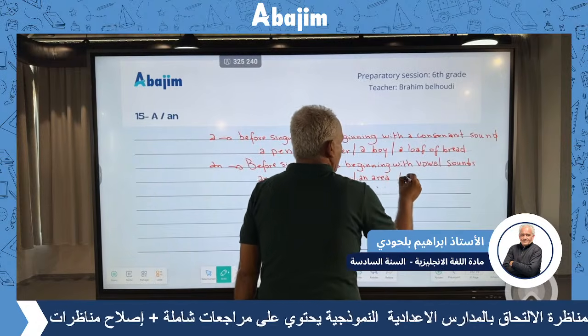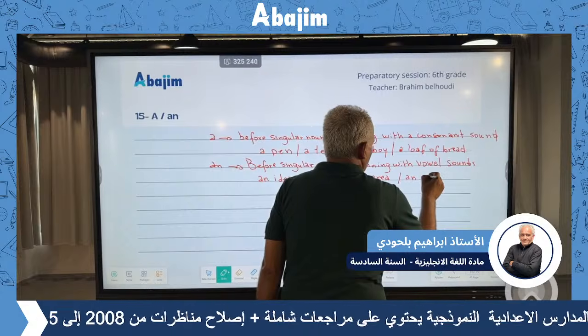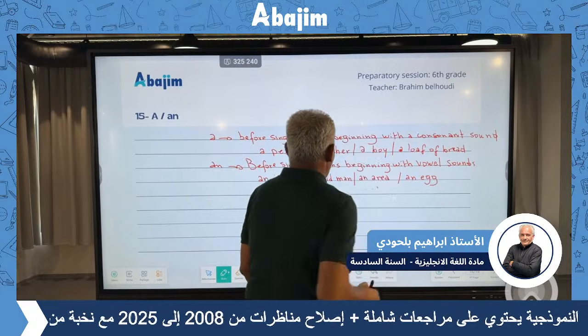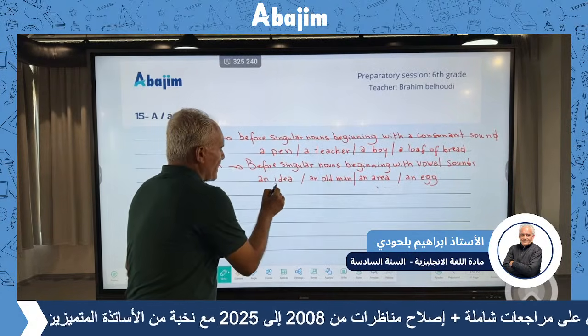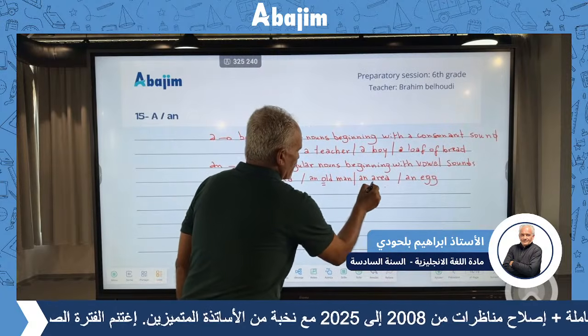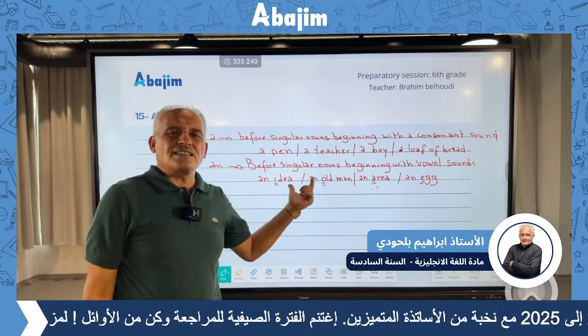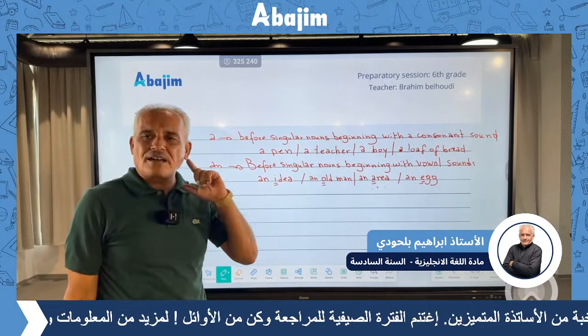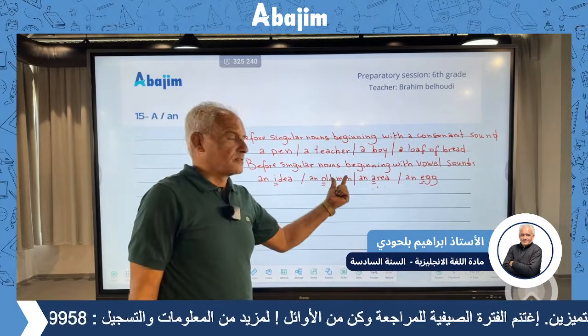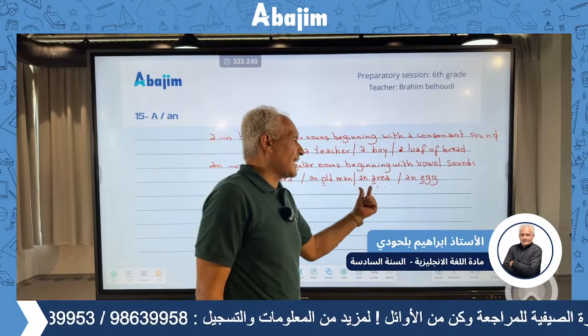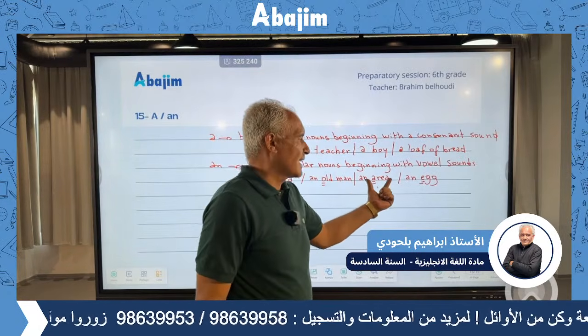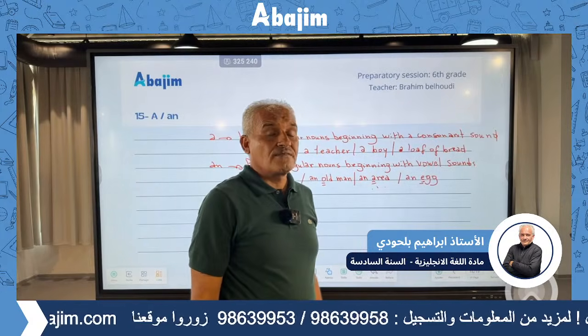Then, for example, an egg. And so on. So, these are vowel sounds. Okay? So, an idea, it's a vowel sound. An old man, vowel sound. An area, vowel sound. An egg, vowel sound.